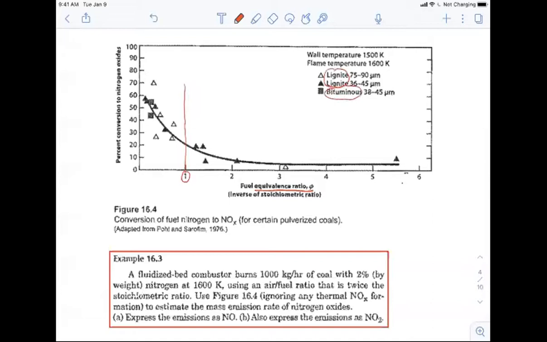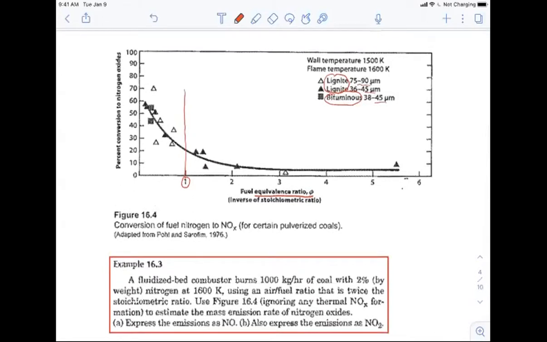These are different types of coal particles, and you're burning them at different sizes. The coal has to be pulverized to get burned, right? What this y-axis means is the percent conversion to nitrogen oxides. So this is specifically talking about the fuel NOx.